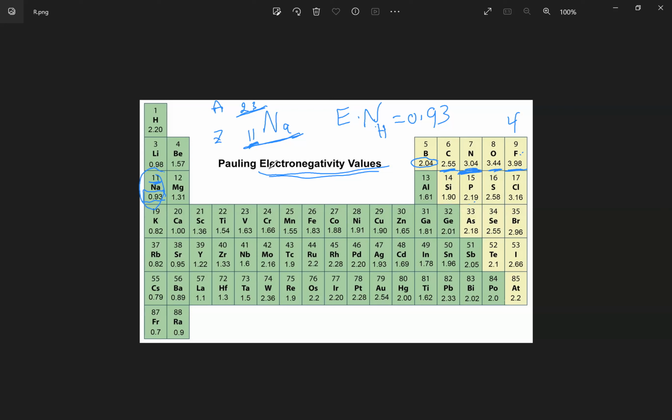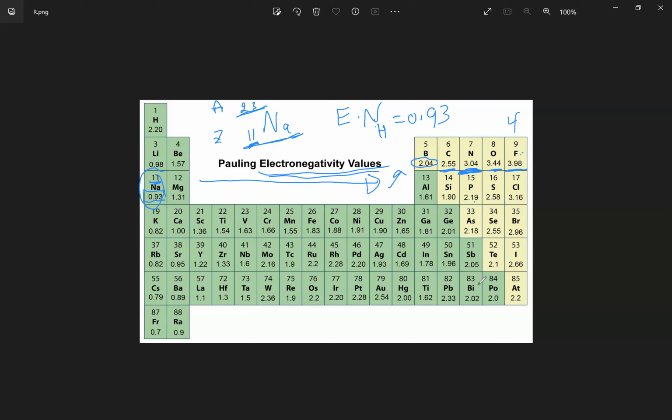So as we go across the periodic table from left to right, what will happen to the electronegativity? It increases.